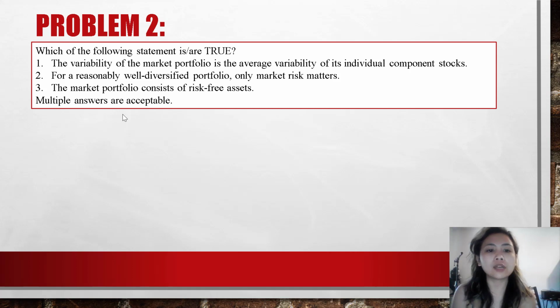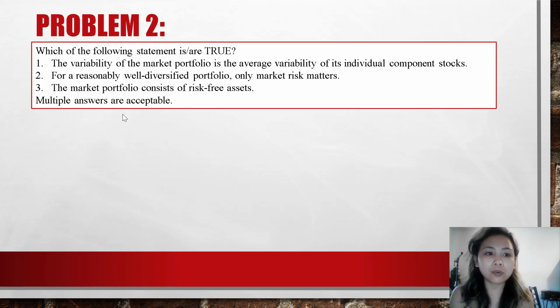Here multiple answers are acceptable, but the easy one to justify is number 3. The market portfolio consists of risk-free assets. This is completely wrong because the market portfolio and the risk-free asset, even though they both lie on the capital market line, are distinct: only the one that crosses the vertical axis is the risk-free asset, and the rest are the market portfolio. So number 3 is incorrect.